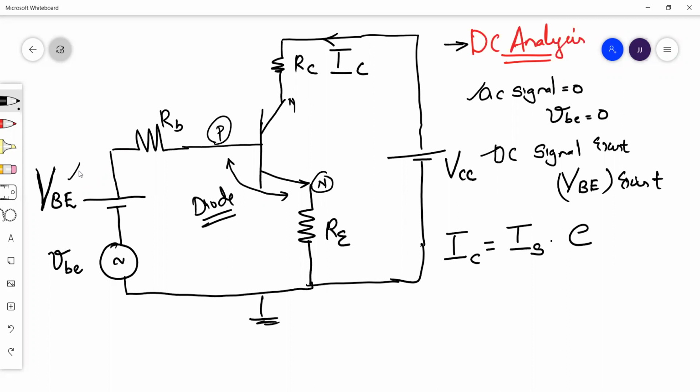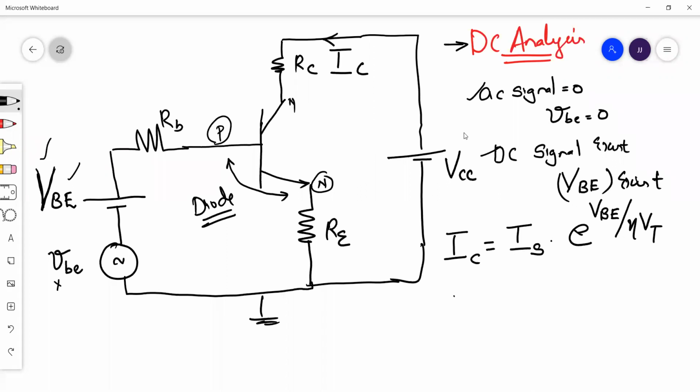So what is the voltage applied here? Here it is DC analysis only, so the AC signal is 0, and only VBE exists. So I can write e raised to the applied voltage, capital VBE, by eta VT.